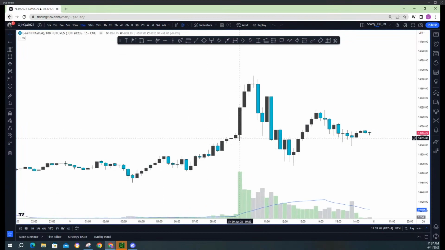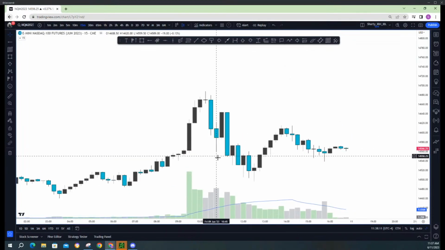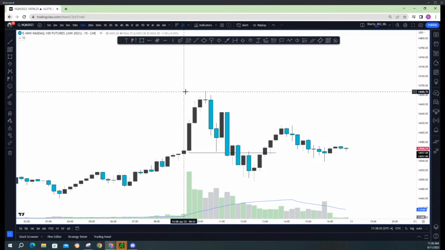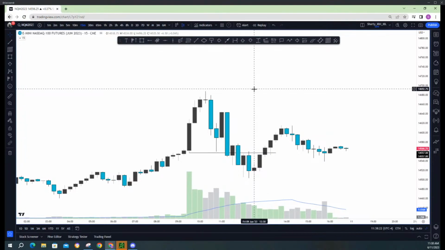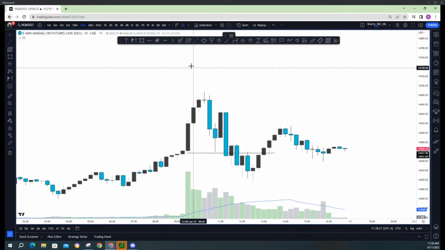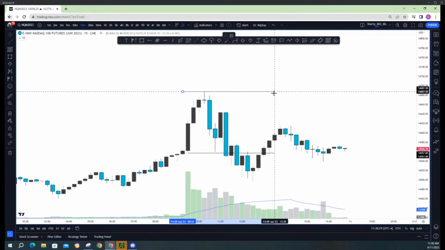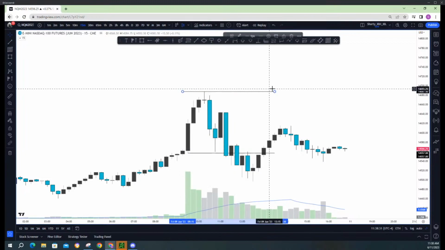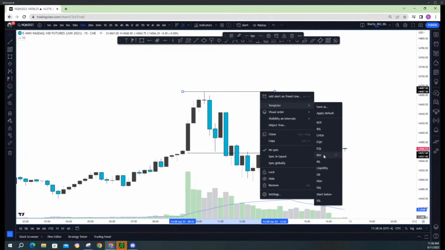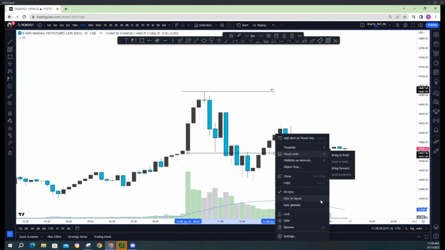Here's your 9:30 and this would be 12. So let me see. For the day here on NQ, this was our initial balance low. Let me check. Yep. And this would be initial balance high. So this is your initial balance high, and this is your initial balance low.